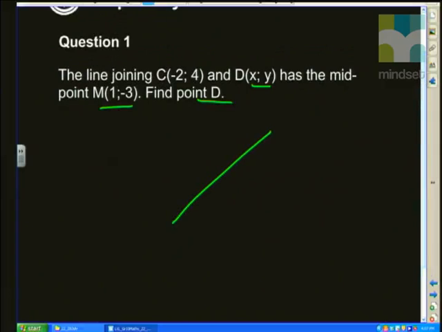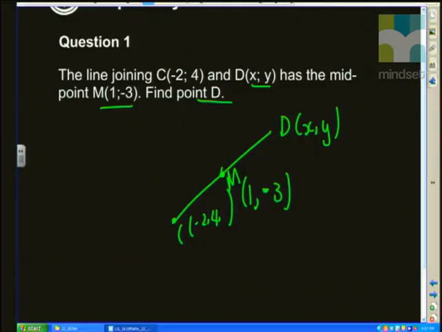C is the point -2 and 4. D is somewhere out here. We don't know what the coordinates of D are. But they do tell us that the coordinates of the midpoint, exactly midway between point C and D, are 1 and -3. And they want you to find the coordinates of D.